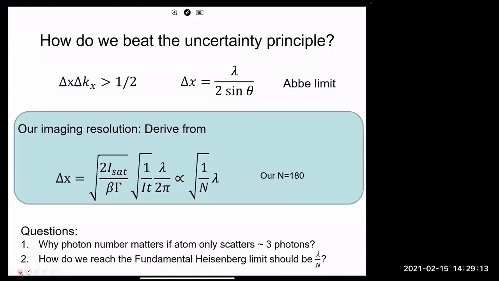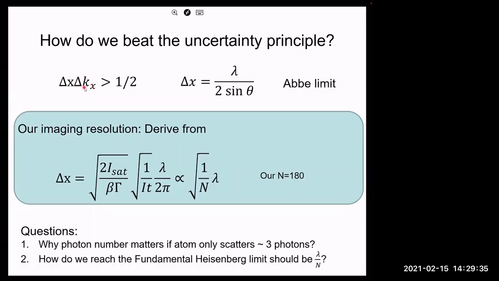All right, so let me go to the last slide. How do we beat the uncertainty principle? First, to understand, the Abbe limit can be easily derived based on the uncertainty principle. The uncertainty with which we can determine the position is linked to the uncertainty of the momentum in that direction.